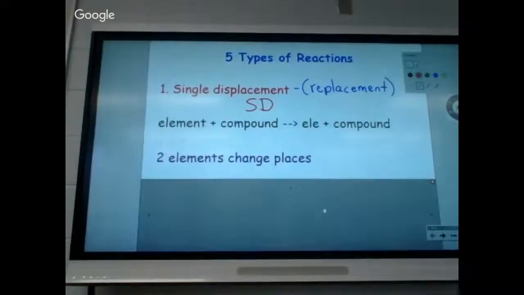Is L an element? Yes, it is. Just not enough space to fit it all in. You okay over there? No. What's wrong with the binder?